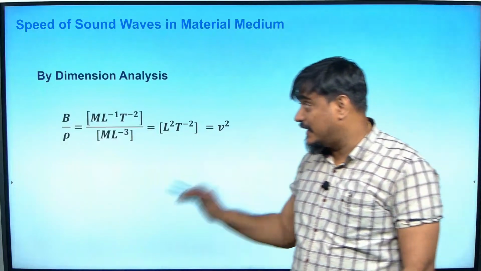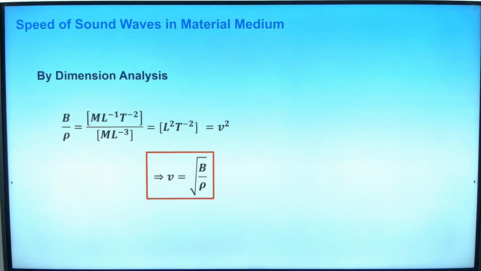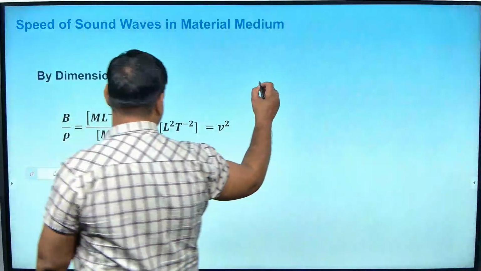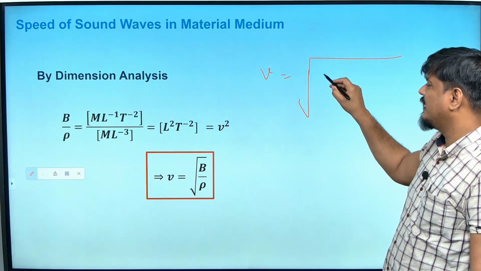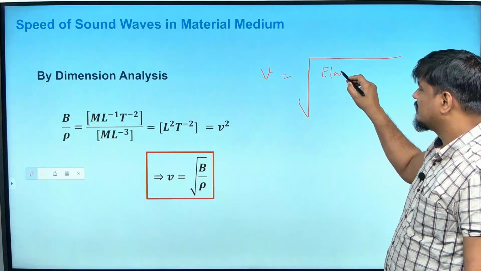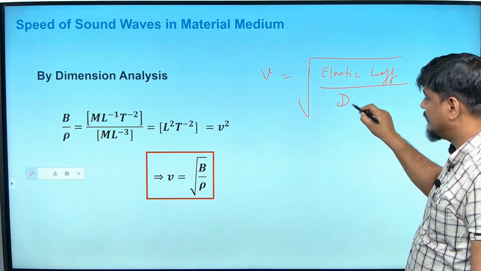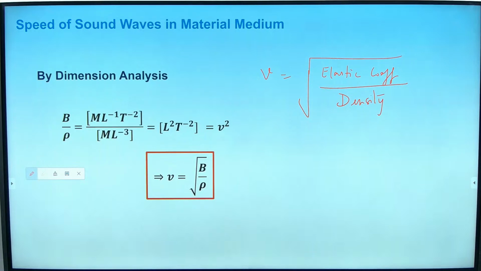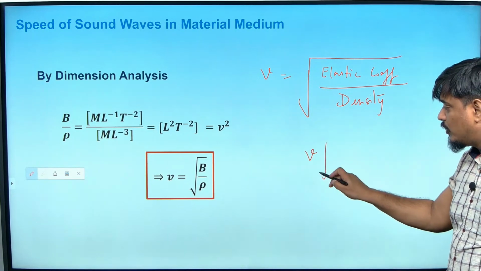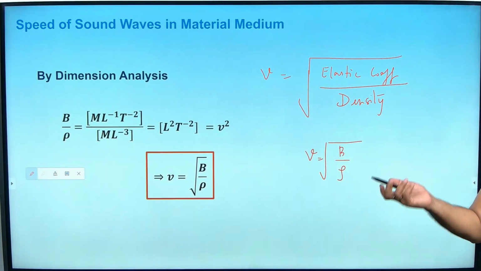So I can say that with the help of dimensional analysis, velocity of longitudinal wave is given by root over, I should not write B actually, a more general expression: v is equal to root over elastic coefficient divided by density, because in the case of solids we are also using Young's modulus. Some places we use v is equal to root of bulk modulus by rho. If you remember bulk modulus as K, you can write K also.